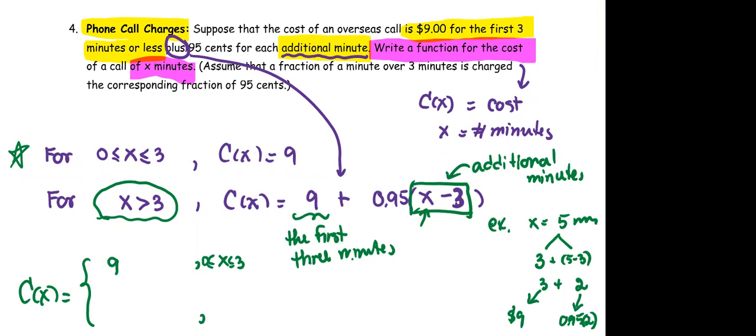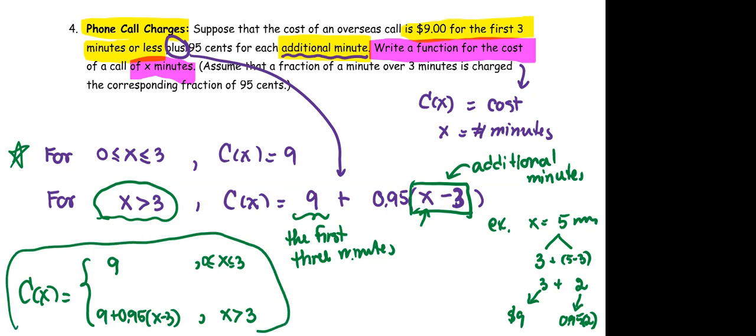And for the second option, for x greater than 3, the cost will go with the one that we put on the side here, as 9 plus 0.95 multiplied by x minus 3. And this is the answer, or the model to represent the phone call charges for this problem. This is called a piecewise defined function, so it depends on the condition of the unknown.